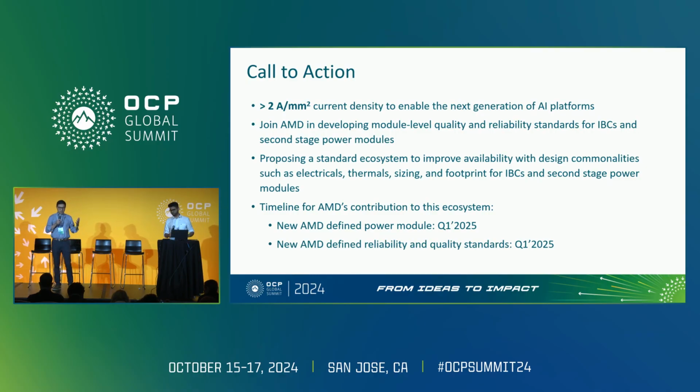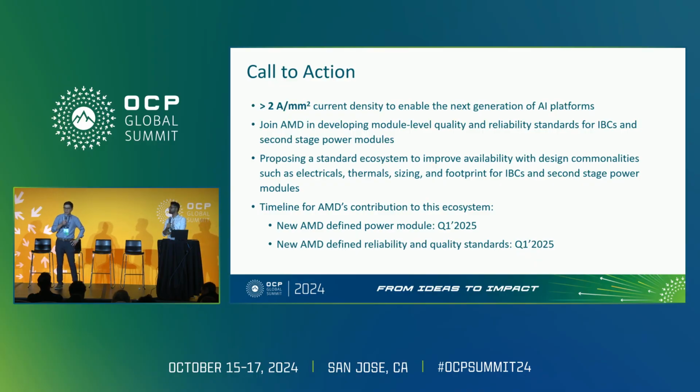We're seeing an increase in power levels, generation over generation. It's not just us. There are presentations about 400 volt racks and things like that at this conference. So what we see a need for is greater than 2 amps per square millimeter power modules at the final conversion stage. To support these high current densities, we'll need optimized intermediate bus converters, conversion ratios, efficiency, as well as thermal performance.